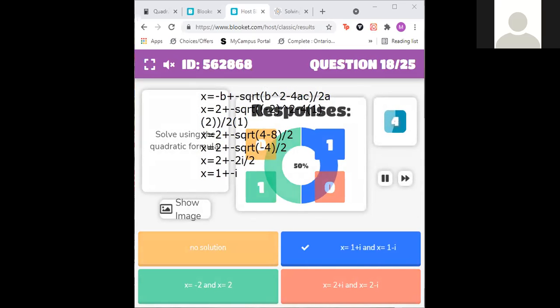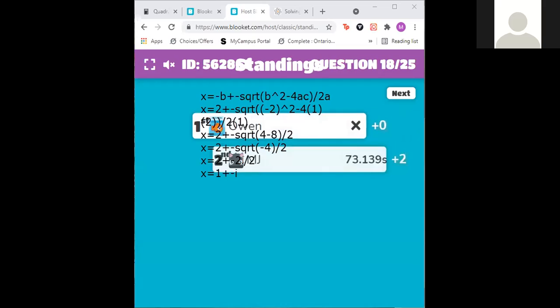The negative under the root produces an i, and then you divide both by 2, this one by 2, this one by 2.